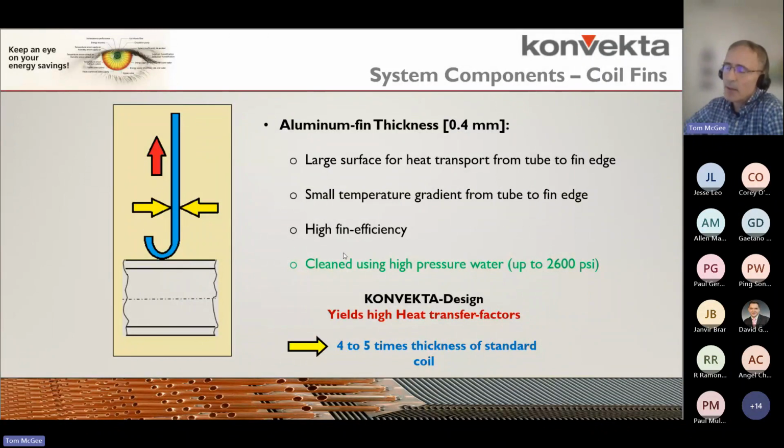But in addition, from a maintenance standpoint, our coils are rated to where you can take a pressure washer up to 2600 psi if you need to clean those coil banks for whatever reason. One reason certainly would be if a filter maintenance lapsed for one reason or another.